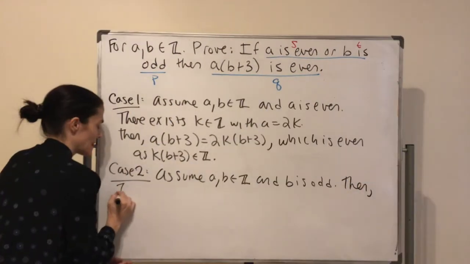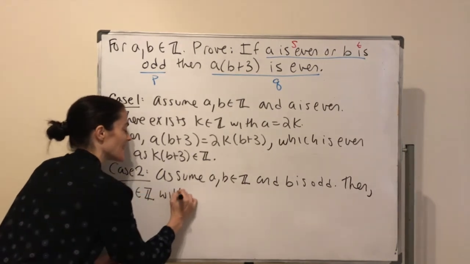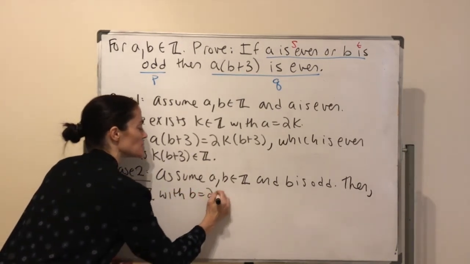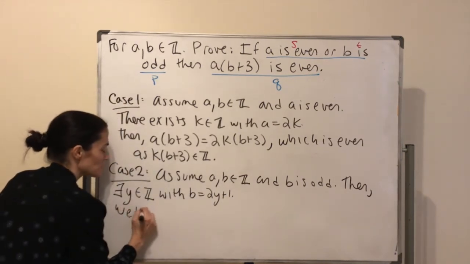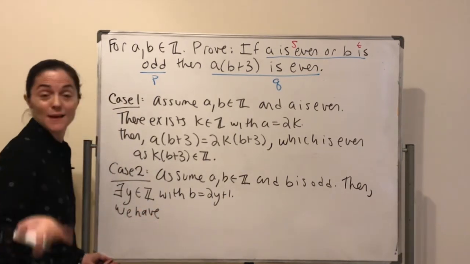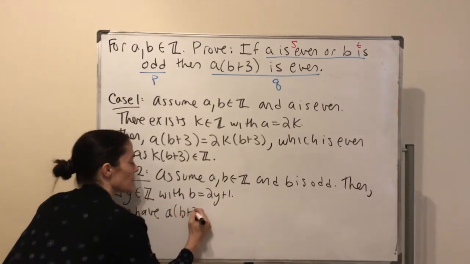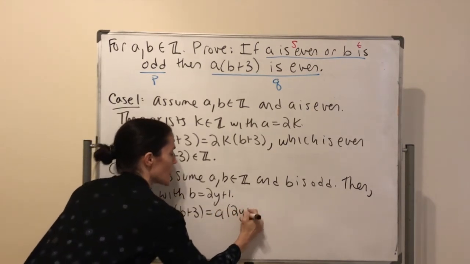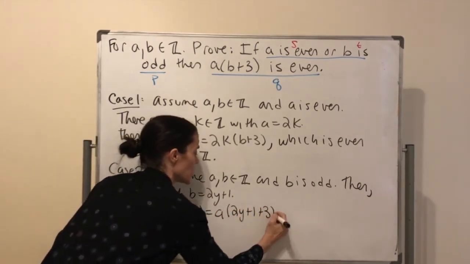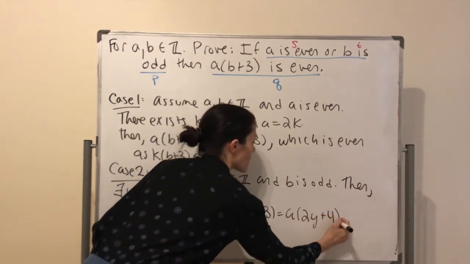Then there exists y in Z with b is 2y plus 1. Now let's work with this a times b plus 3. It's a times 2y plus 1 plus 3, which is a times 2y plus 4.